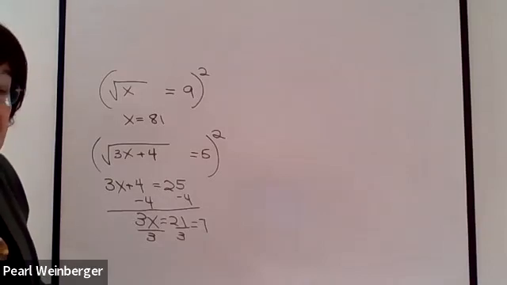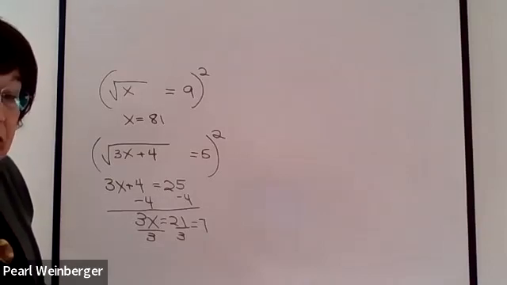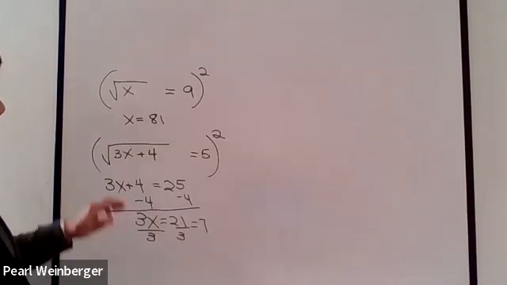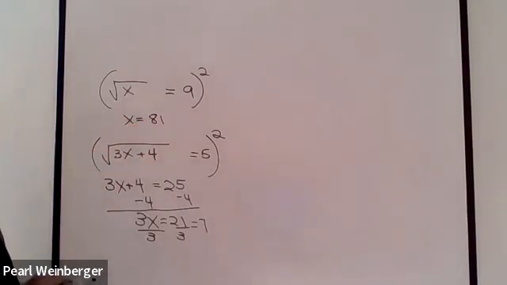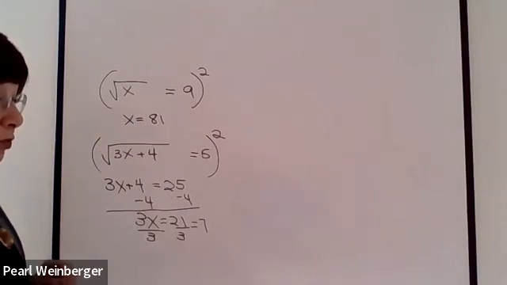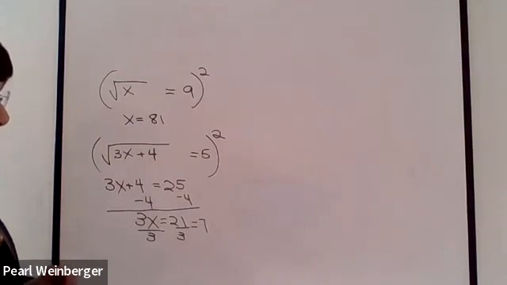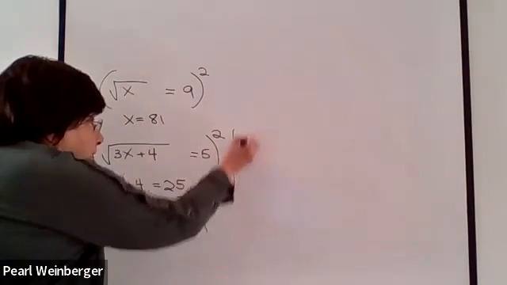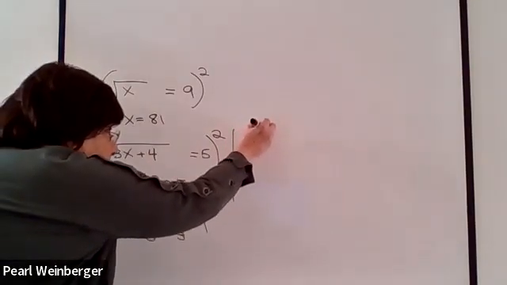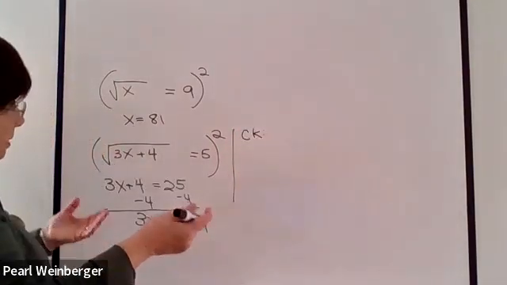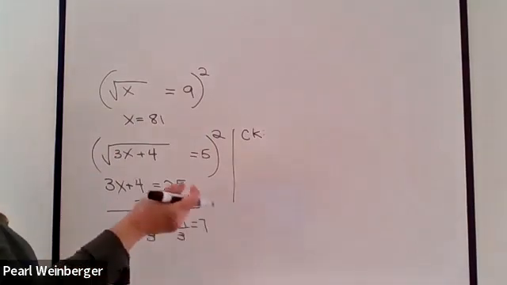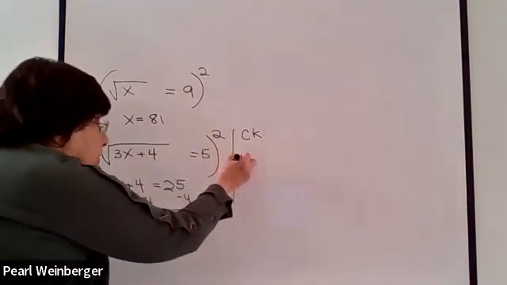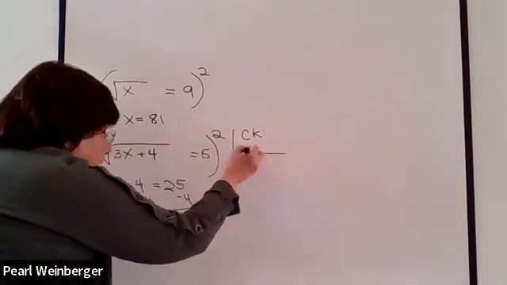In other words, it's not giving you what we call an extraneous root. With square root or radical equations, we have the same problem. We have to make sure that we don't have an extraneous root. So radical equations always must be checked. Most of the time, the answers will be good, but there'll be times where the answer is not correct.